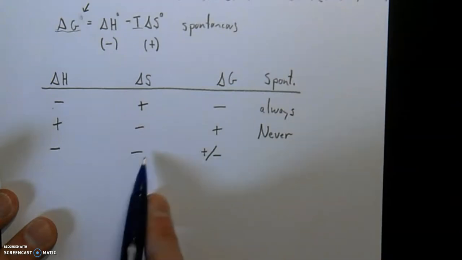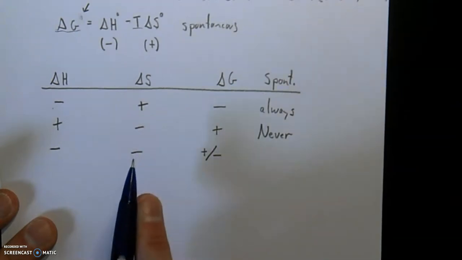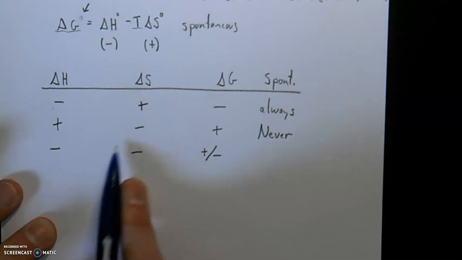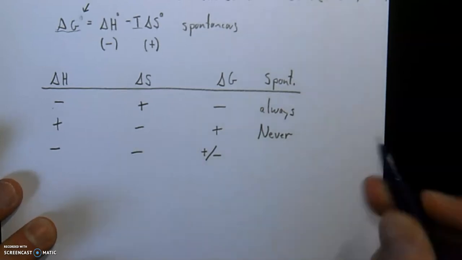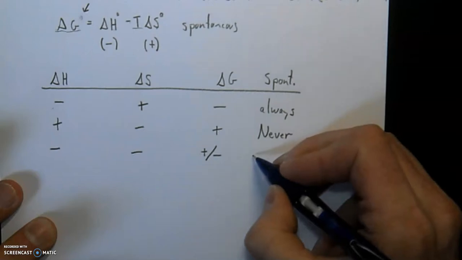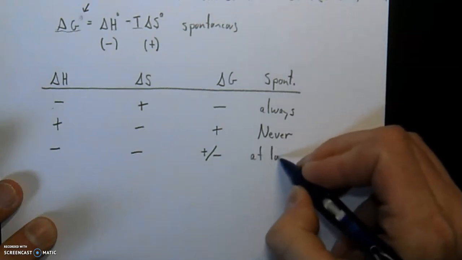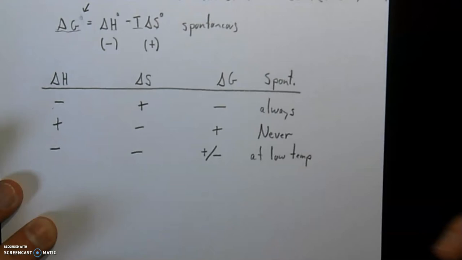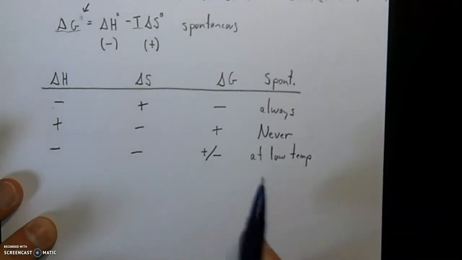So I want this to not interfere. I need it to be as small as possible. So under what set of circumstances can I make this as small as possible? Low temperatures. So under very low temperatures, relatively, this reaction will be spontaneous, negative.